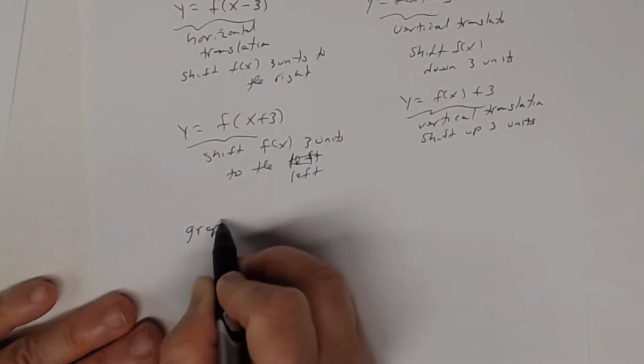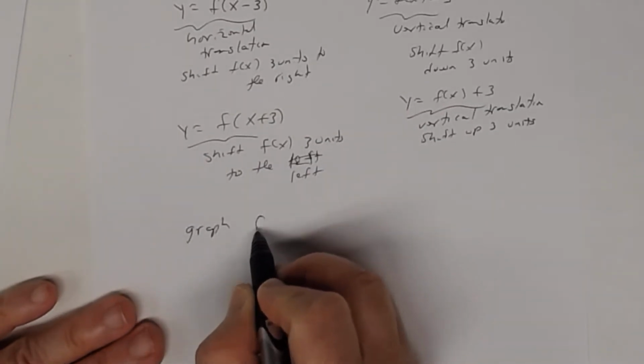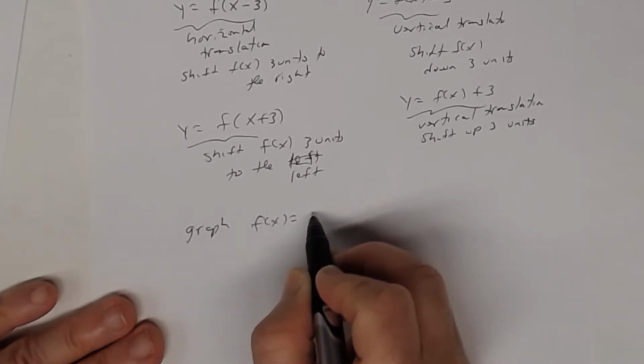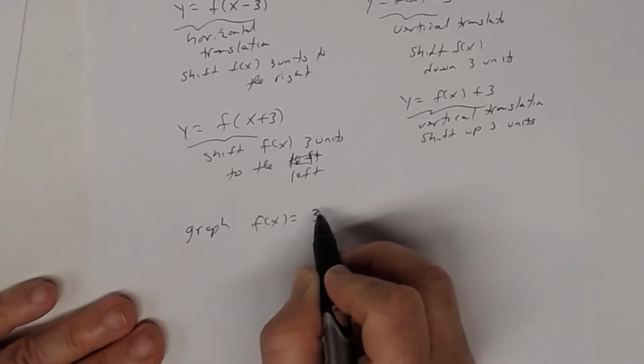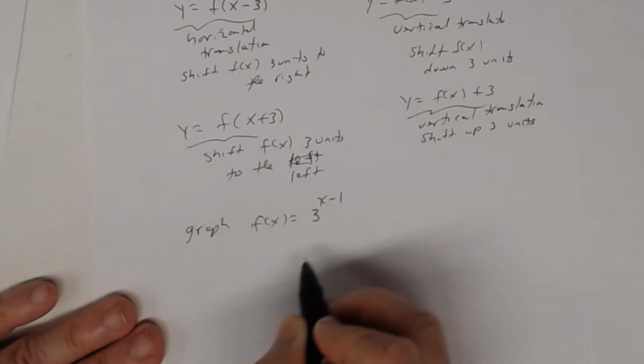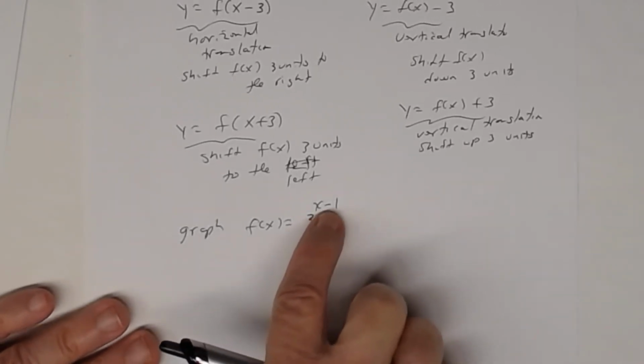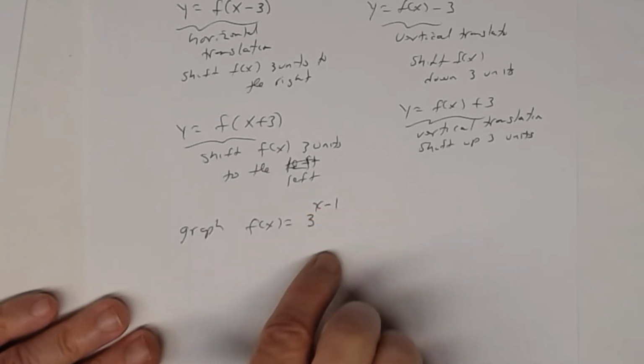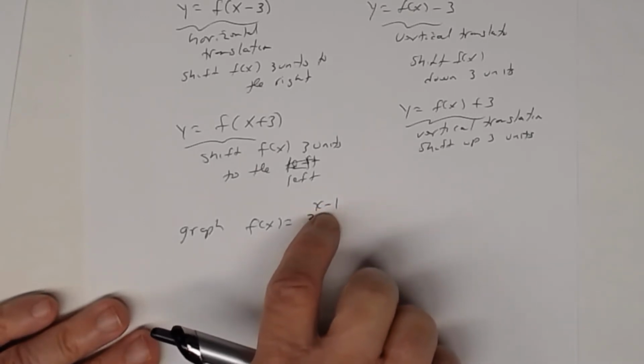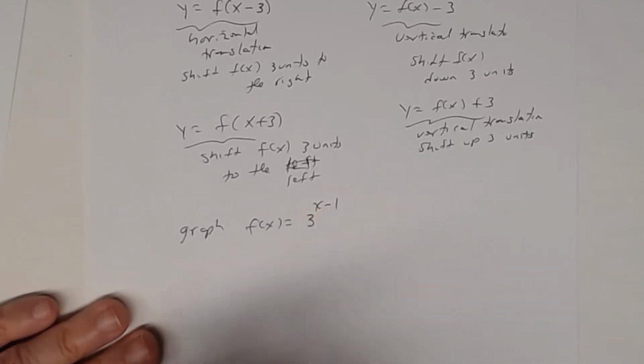So let's go ahead and graph f of x equals, let's say, 3 to the x minus 1, like that. All right, so 3 to the x, and then notice x minus 1 is the exponent. So that's going to be a horizontal translation.